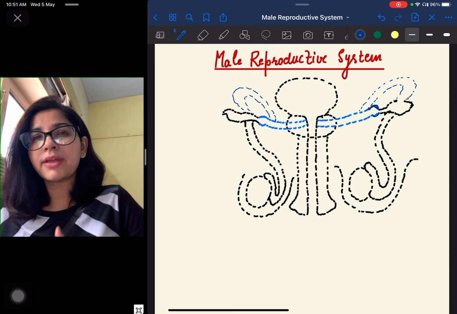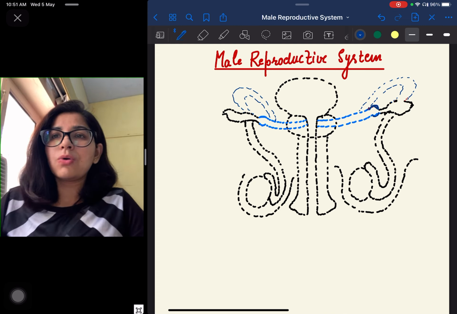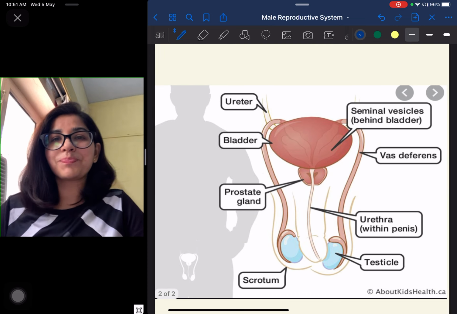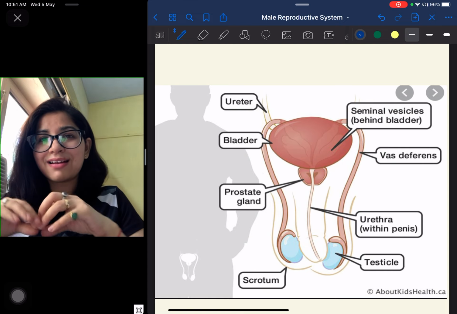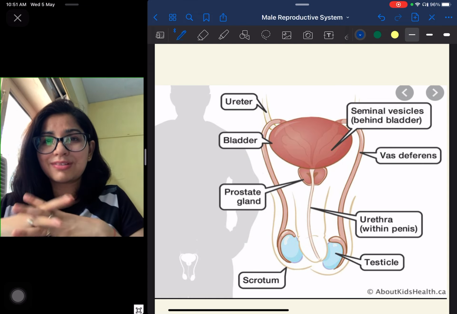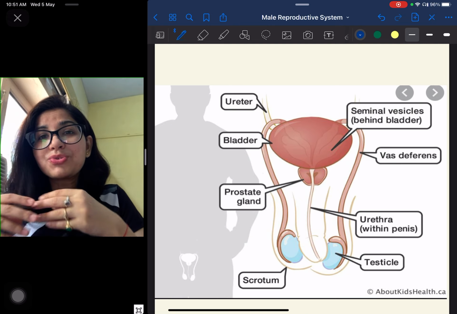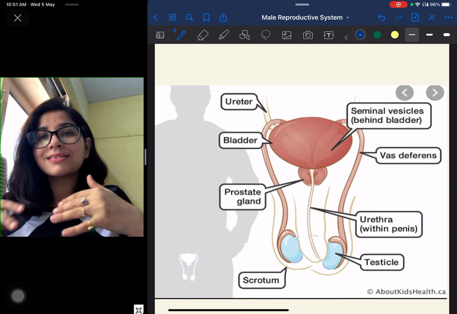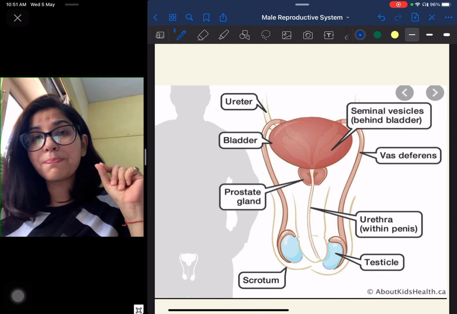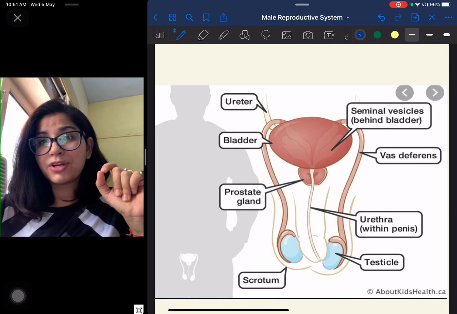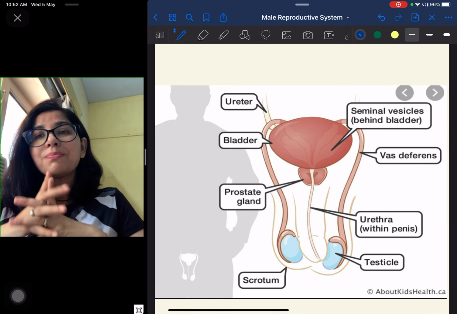Bacha, for the drawing part, I want to tell you about two things. One thing, if you look at this diagram, this is a pictorial presentation. But when you draw something, then that diagrammatic representation should have every part of the system in your diagram, clearly mentioned.